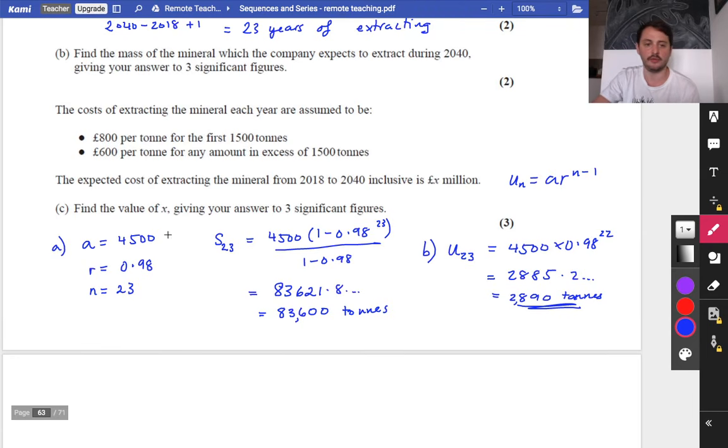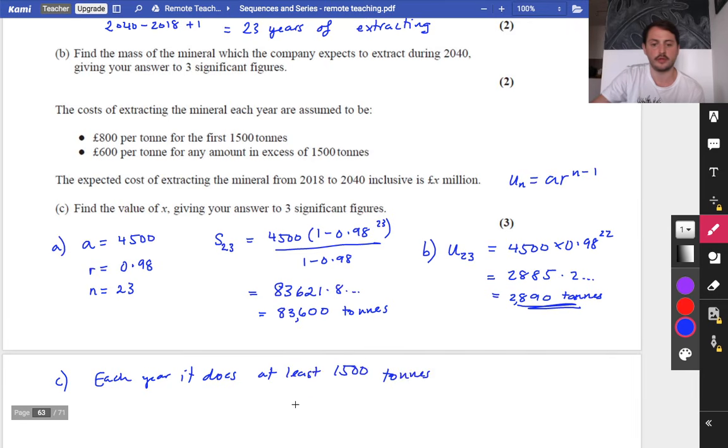Well, it starts off by doing 4,500 and it finishes in the last year of 2,890. So each year it does at least 1,500 tons. So there are 23 years of 1,500 tons that cost £800.